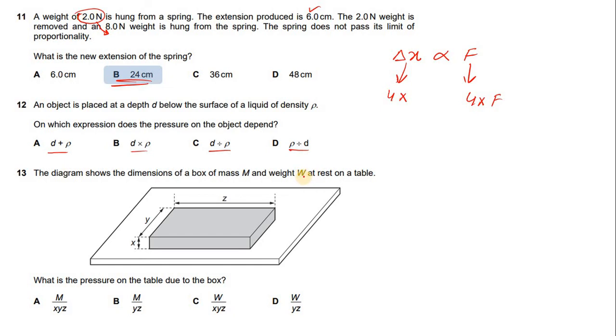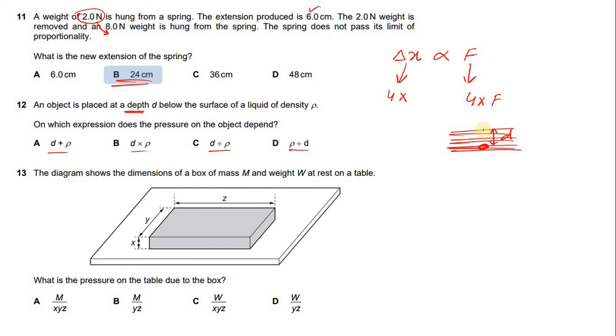You need to recall the formula for the pressure at the depth D in the liquid. So you have a liquid and you have some object here at depth D from the surface.